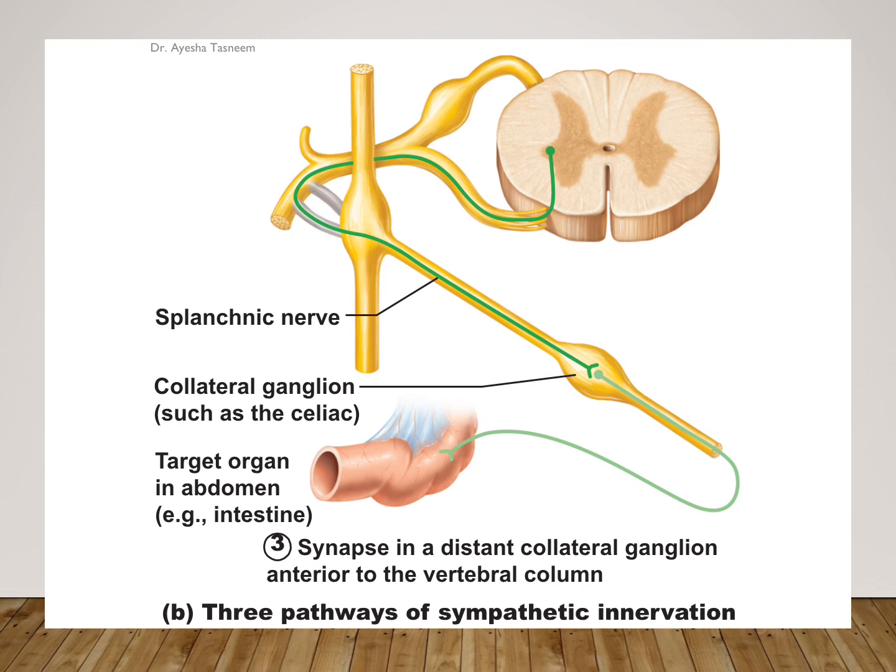The third type, the preganglionic fibers may pass through the trunk ganglion and emerge without synapsing. In this case, it goes through the ganglion without synapsing and synapses in a distant collateral ganglion anterior to the vertebral column.